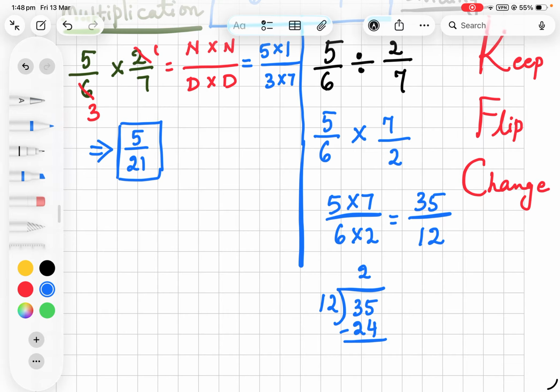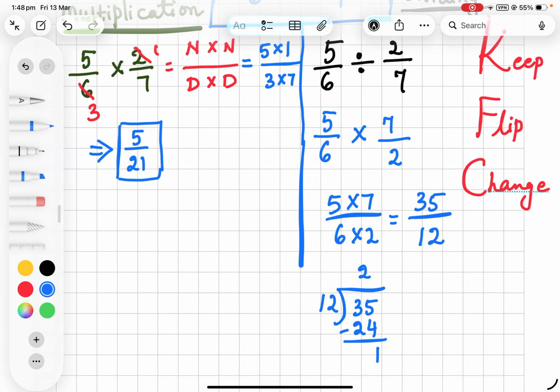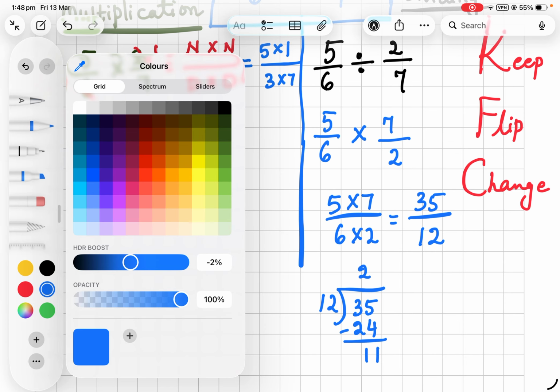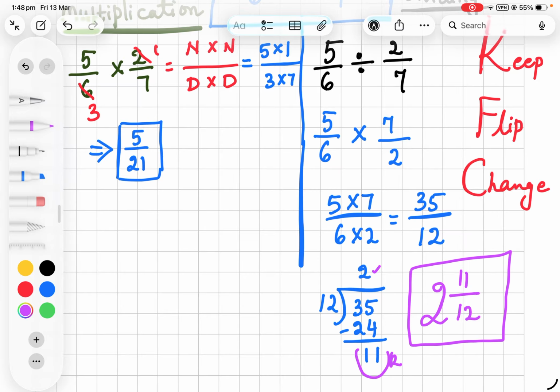And you subtract, your regular long division rule. So this is going to be 11 remainder. Then how do you write this? You write this number in the bigger font. This is your remainder, so you'll write 11, and then 12 is the divisor. So converting that fraction to a mixed numeral, this is the technique.